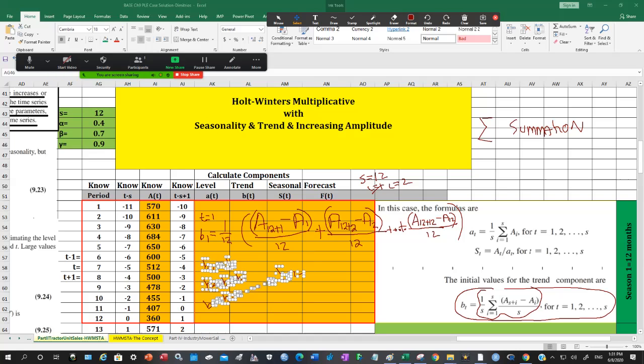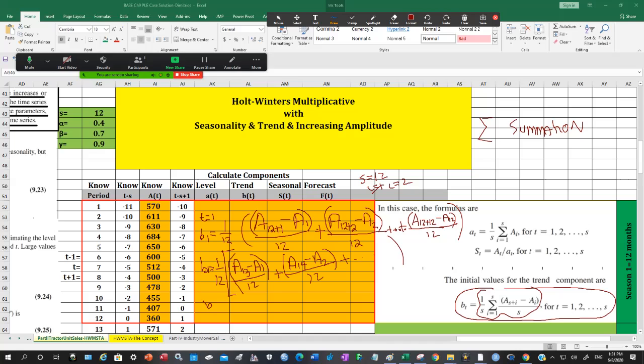So when I calculate B1, this would be 1 over 12 times actual 13 minus actual 1, plus actual 14 minus actual 2. It's a good idea to use this parenthesis because otherwise you can get mixed up. Plus dot, dot, dot.